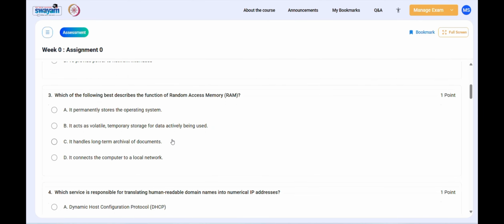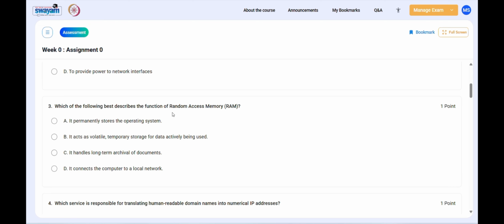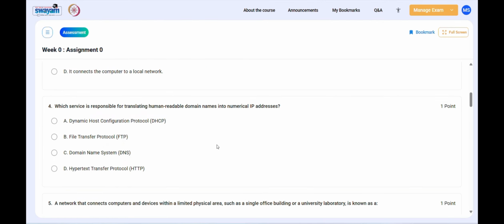Then, which of the following best describes the function of random access memory, RAM? The answer is it acts as volatile temporary storage for data actively being used. The fourth question: which service is responsible for translating human readable domain names into numerical IP addresses?